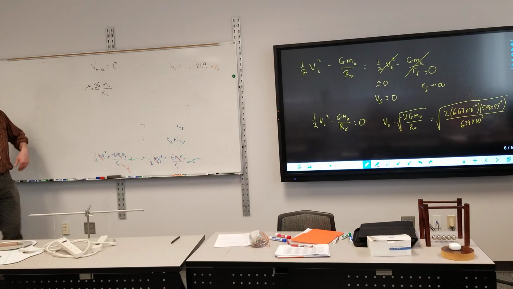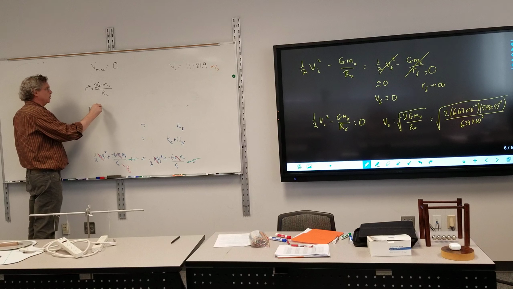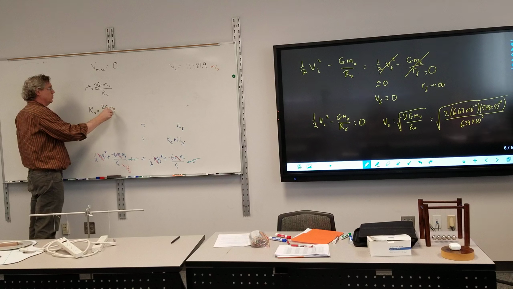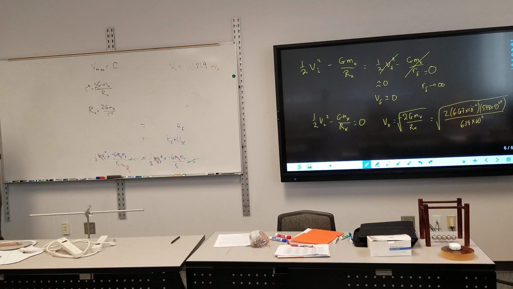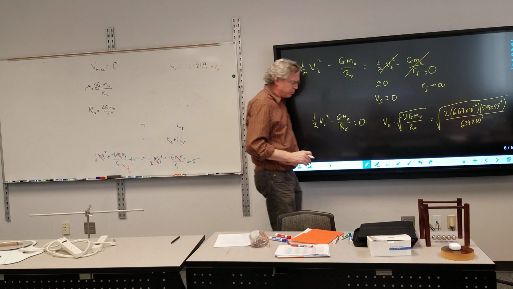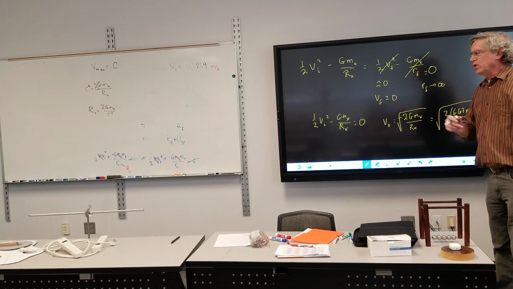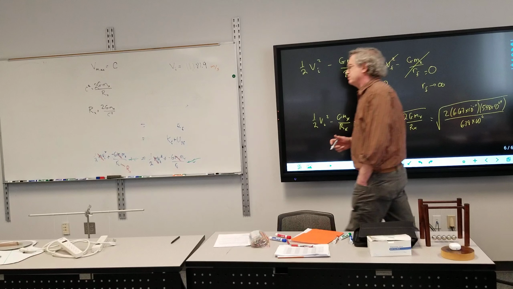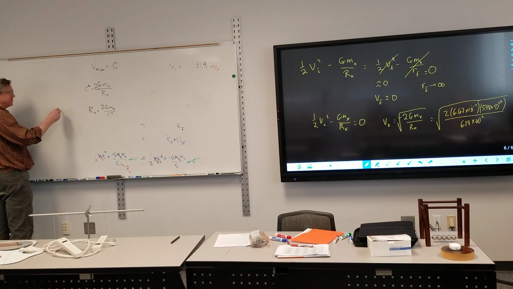I'm going to solve for the radius this time. So r sub x equals 2GMx over c squared. So what I want to do, assuming that that's the maximum speed, I can never exceed that number. This would be the formula for what's known as the Schwarzschild radius. Or probably better pronounced Schwarzschild.